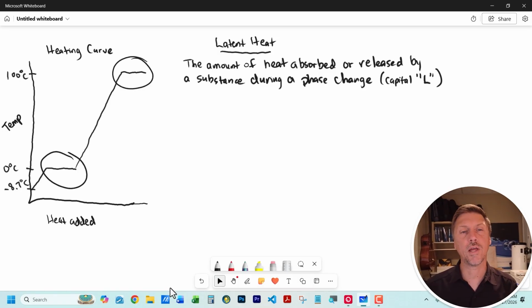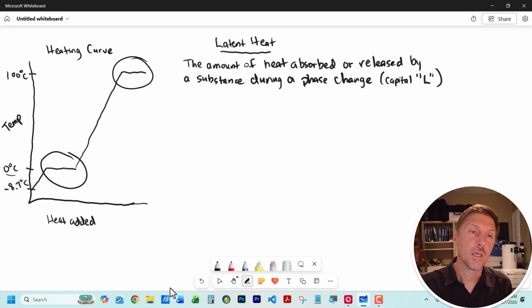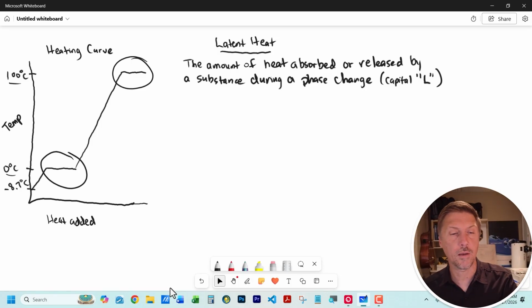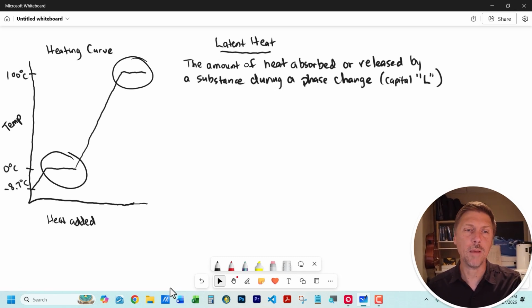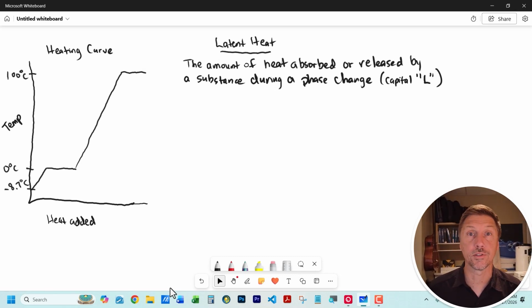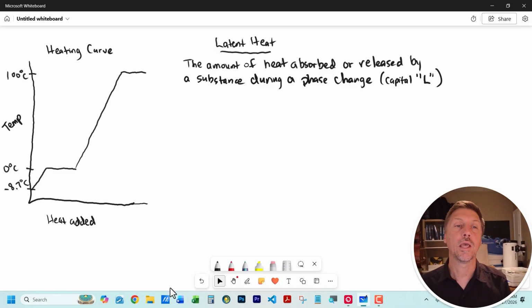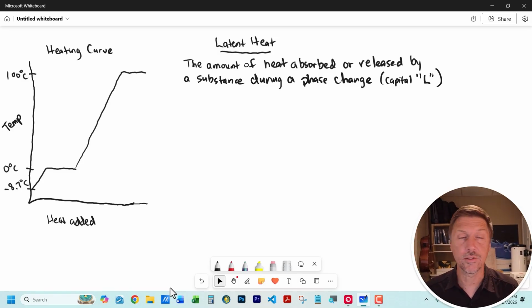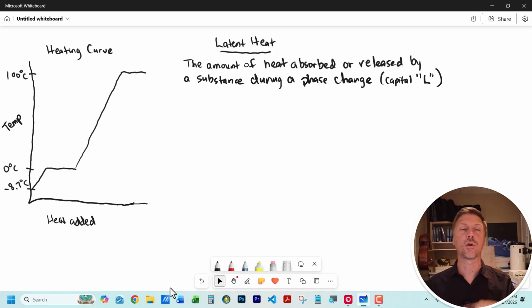And notice that the temperatures for those flat areas are 0 degrees Celsius down here at the bottom and 100 degrees Celsius up here at the top. This is a heating curve for water. What happens at 0 degrees Celsius and 100 degrees Celsius? We know that water freezes at 0 degrees Celsius and it turns to a gas, or vaporizes, at 100 degrees Celsius. And so that's what those flat areas are representing.